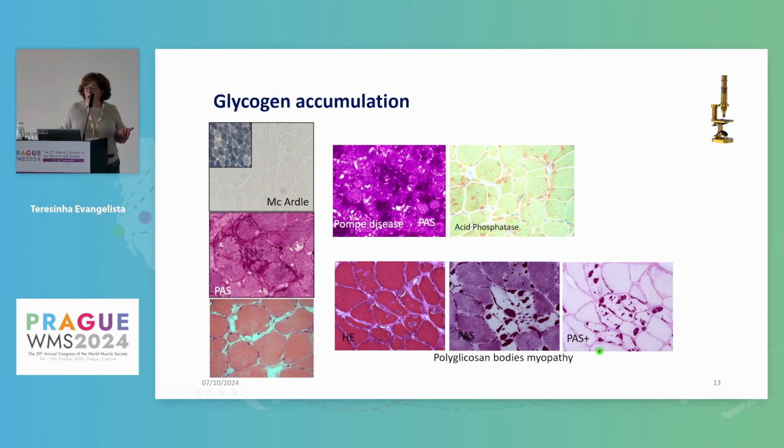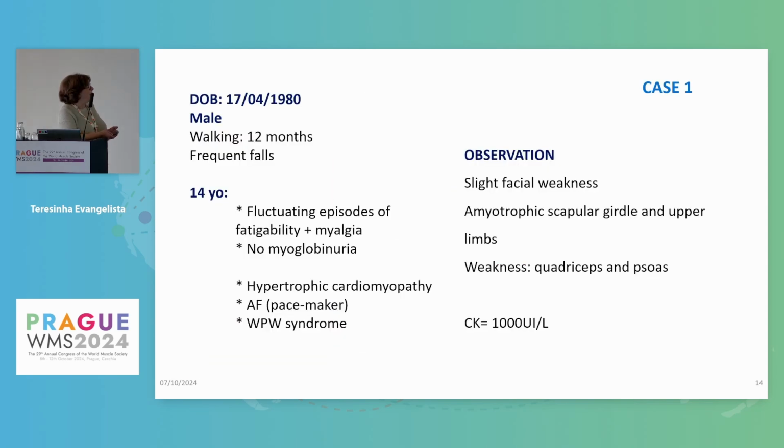You see that all the glycogen went away, is digested, but these inclusions stay there. So these are polyglucosans. This allows us to distinguish between real glycogen accumulation and polyglucosans, which are associated with different myopathies that I cannot explain due to the time.